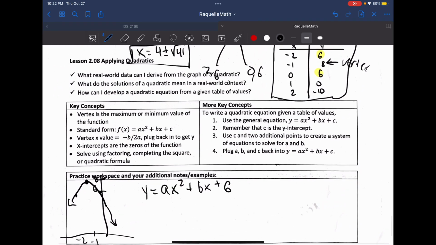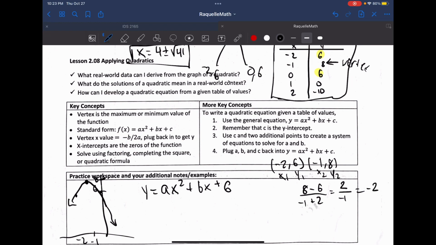We have -2, 6, and then -1, 8, and then x1, y1, x2, y2. So we do y2 minus y1 divided by x2 minus x1. So we get 2 divided by -1.